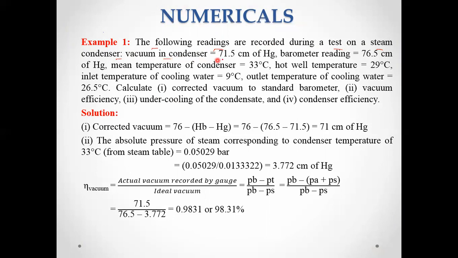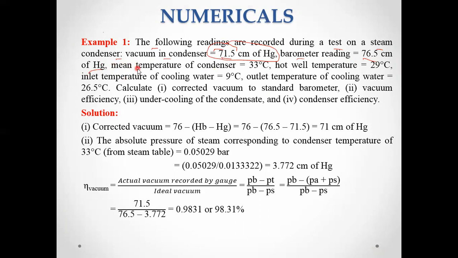The vacuum in the condenser is 71.5 centimeter of Hg. This is the vacuum gauge reading. Then the barometer reading is 76.5 centimeter of Hg. So it is the barometric gauge reading.